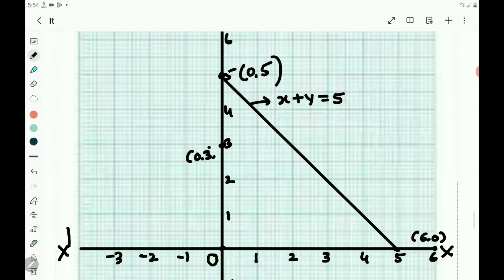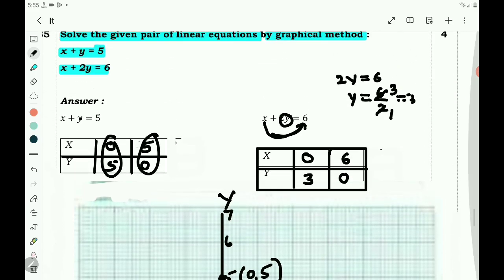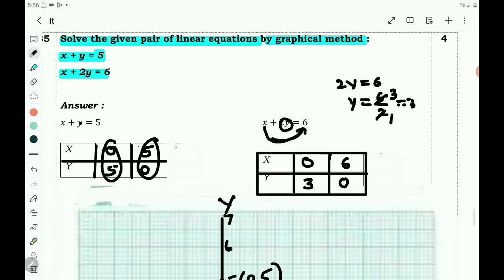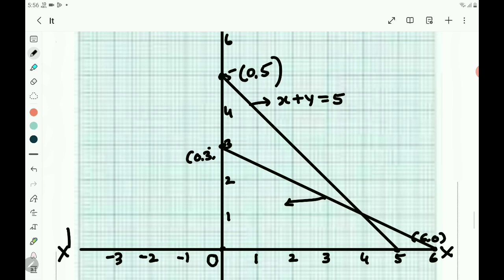Now let us join these 2 points. Now the second line is x plus 2y equals 6. This is x plus 2y equals 6.